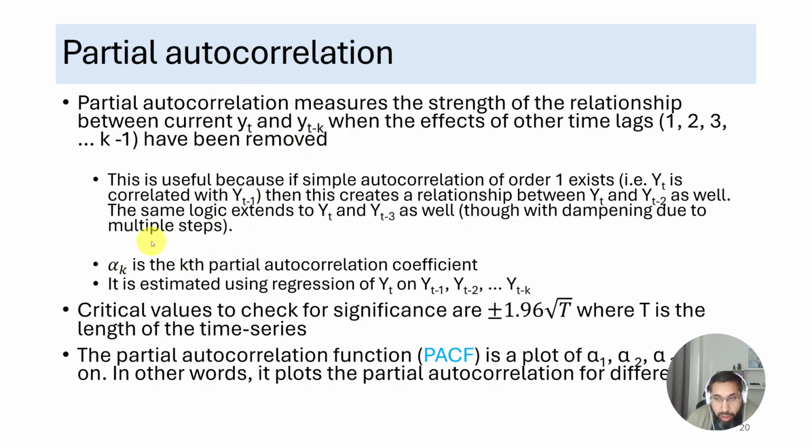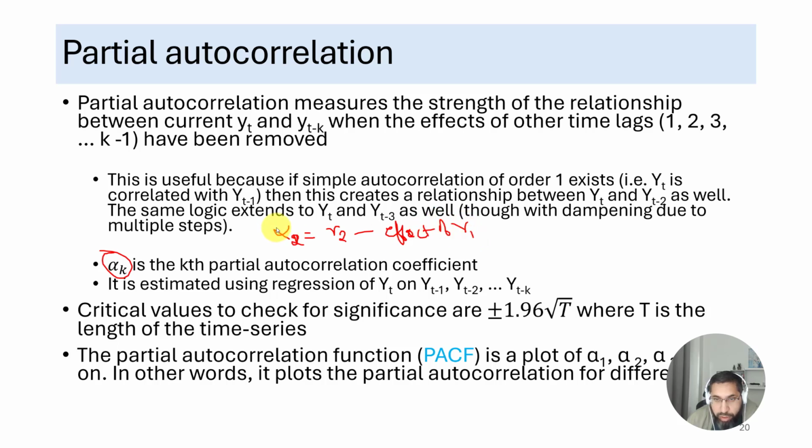And so partial autocorrelation, we call it alpha. So alpha 1 is, well, let's talk about alpha 2. Alpha 2 is going to be R2 minus the effect of R1.